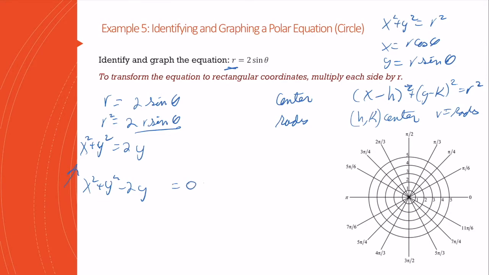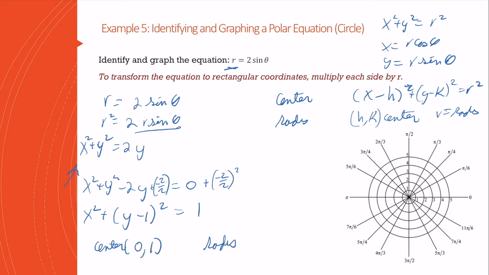I add negative 2 divided by 2, squared, which is 1, to both sides. So I have x squared plus y minus 1 squared is 1. That means my center is when x is 0 and y is 1, and my radius is the square root of 1, which is 1. So here's when x is 0 and y is 1, and my circle's radius is 1. Okay, I tried my best.